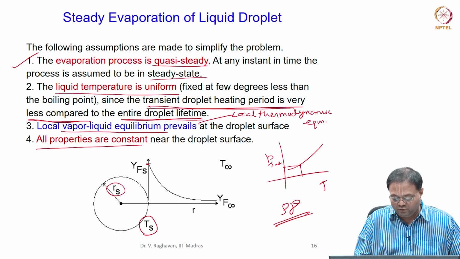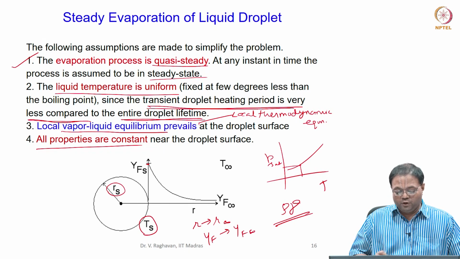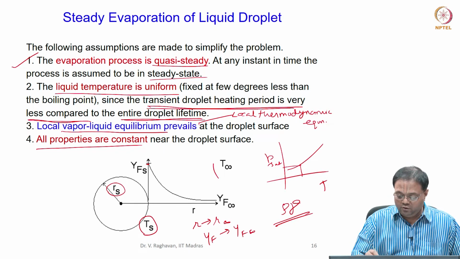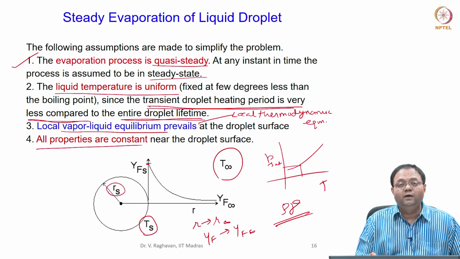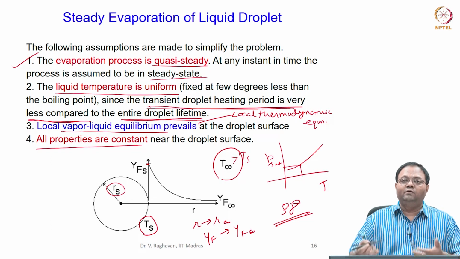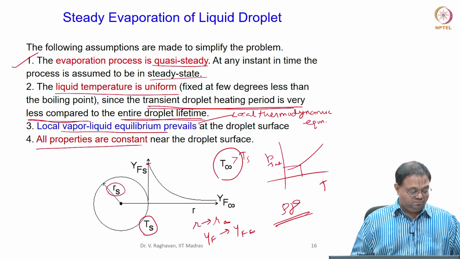So, as R tends to R infinity, Yf tends to Yf infinity. So, this is the condition. T infinity, the ambient temperature, is greater than the surface temperature, so that it will aid in evaporation.